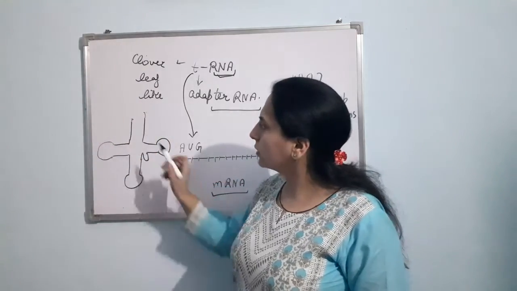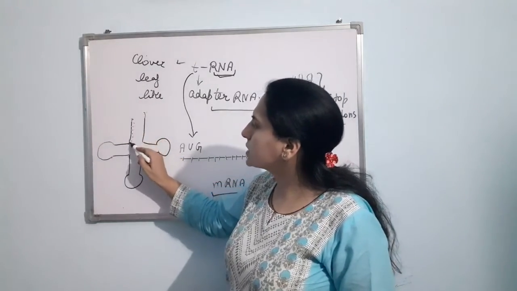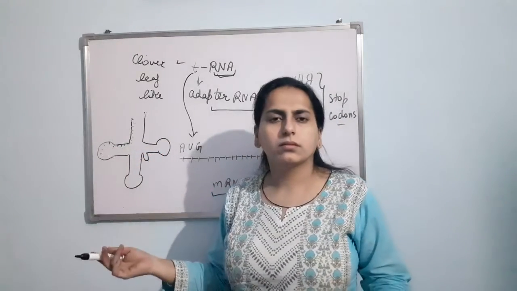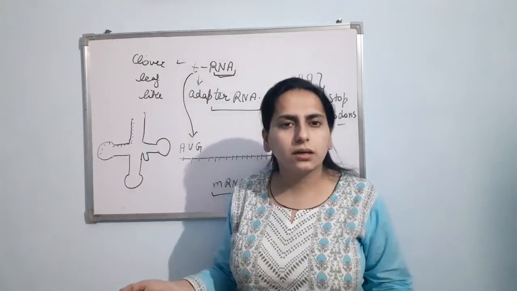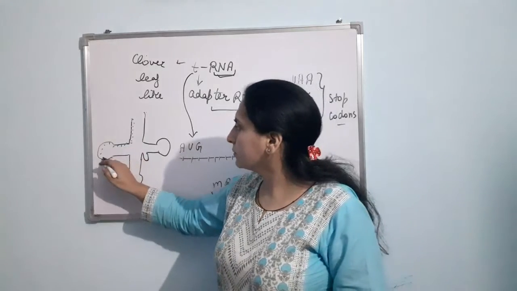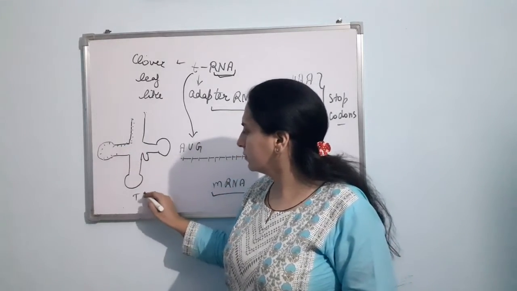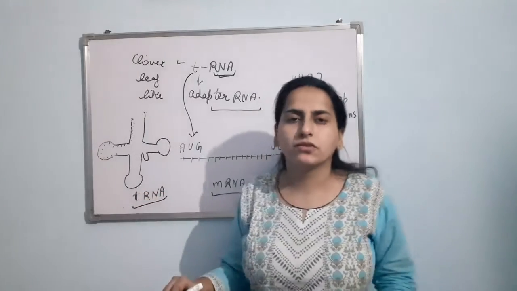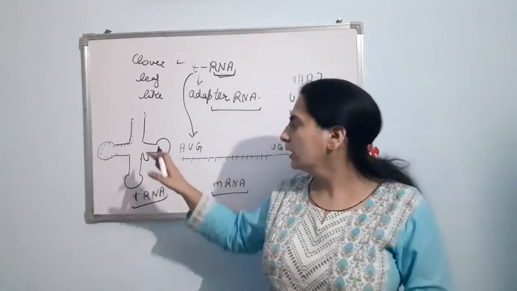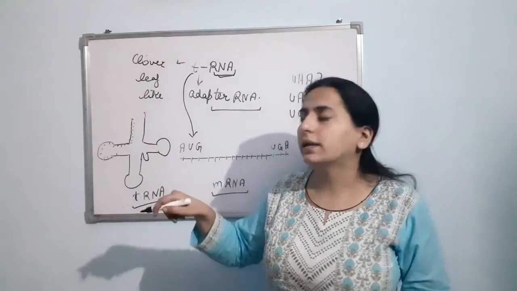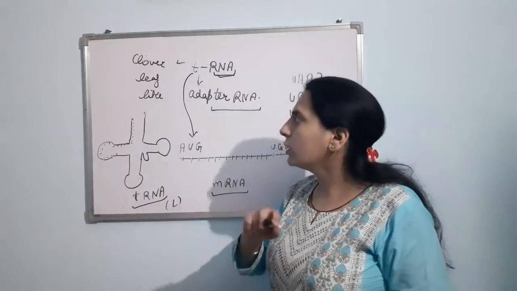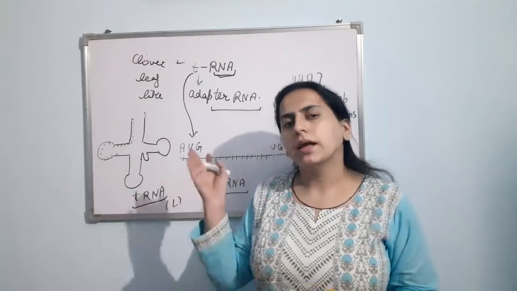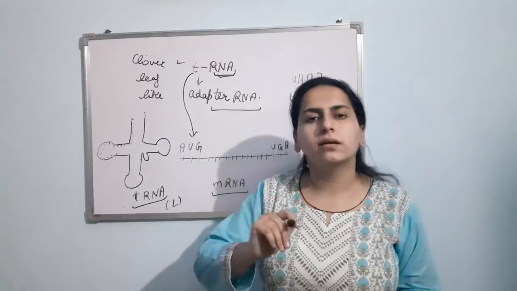Their nitrogen bases are there: A, G, C, U. And if I talk about its 3D structure, it looks like the alphabet L. In two dimensions, it looks like a clover leaf, and in 3D, it looks like the letter L.